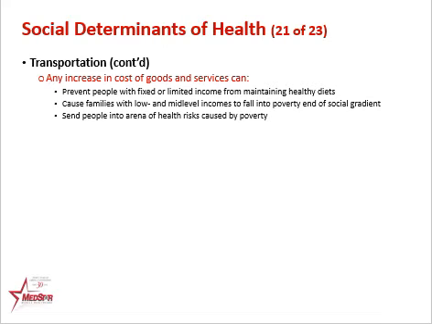It's no secret that processed foods are significantly lower in price in comparison to your produce, your fruits, your vegetables, meats. Meats are pretty pricey. When people fall into this end of the social gradient, not only is their health affected due to poor diet, but they also enter into the arena of health risks caused by poverty. So this is a prime example of the extreme fluidity of the social determinants of health.